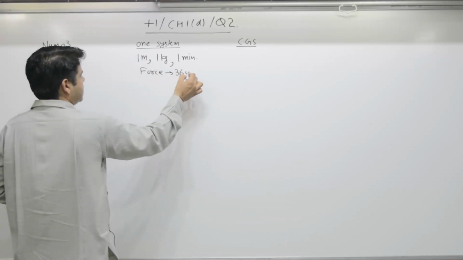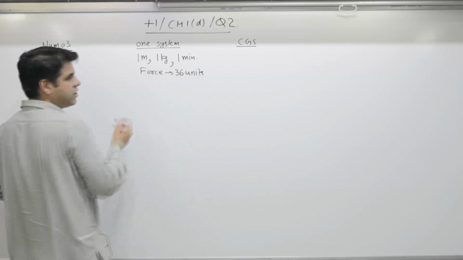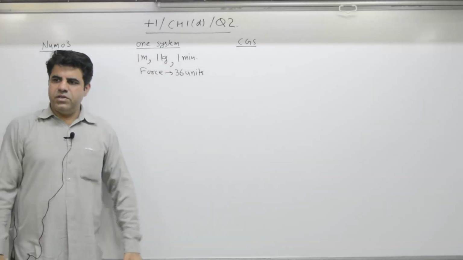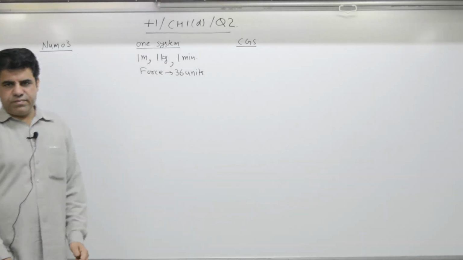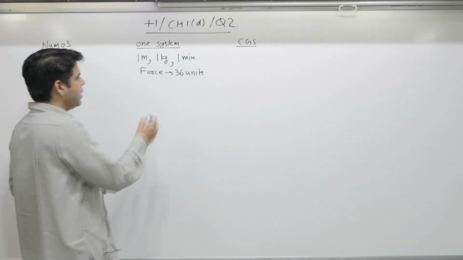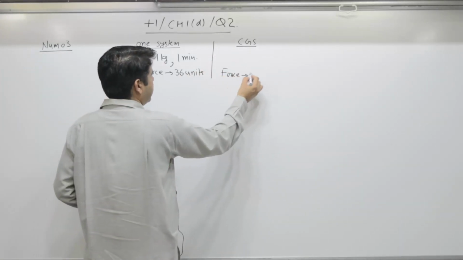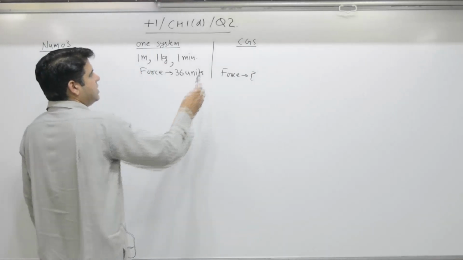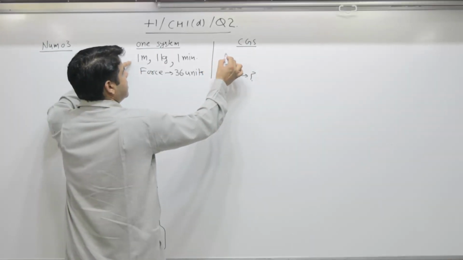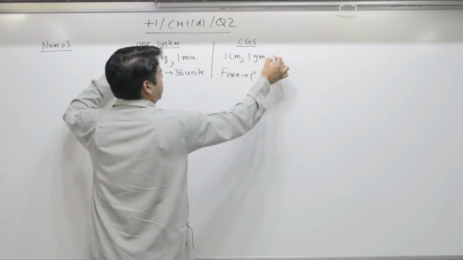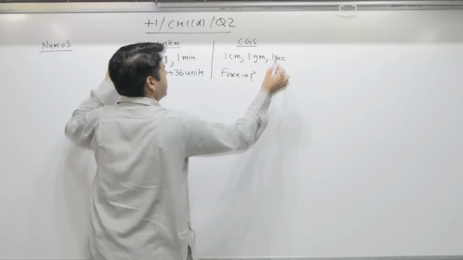There is no such system, nothing to worry about. Examiner has come out with a hypothetical system. Let us assume there is a system. You have to find out that this force is how many units on CGS. C for centimeter, G for gram, time second, 1 second.